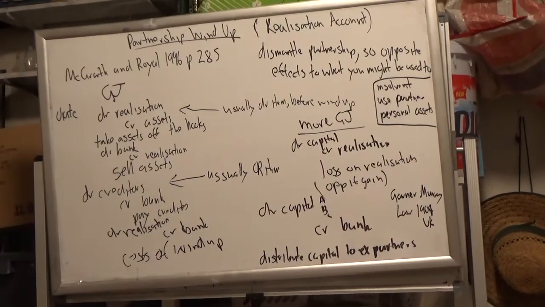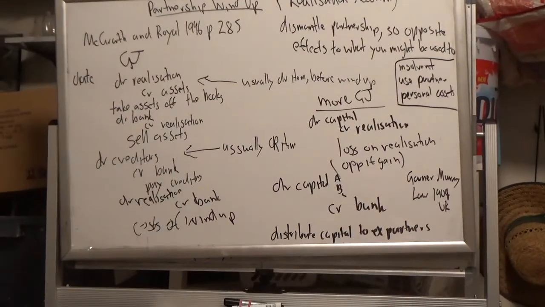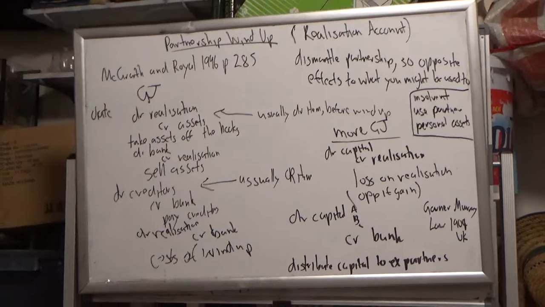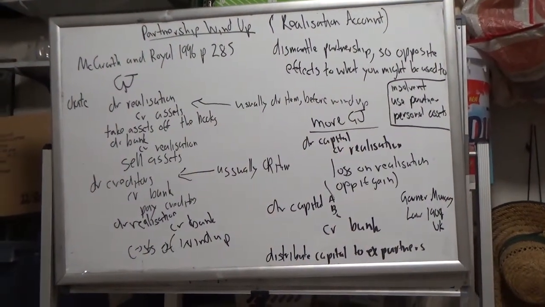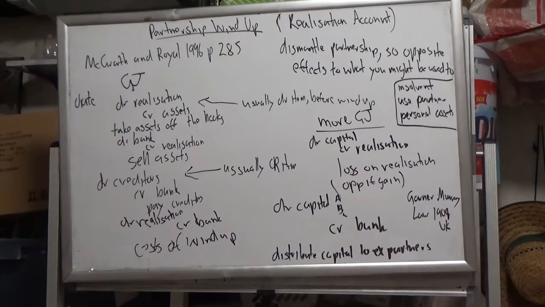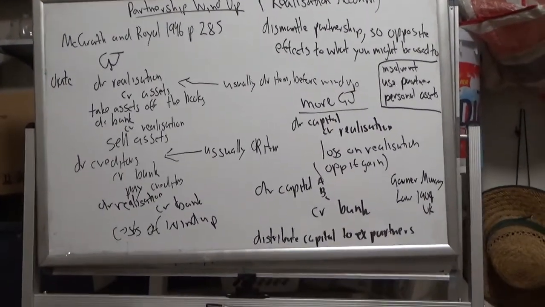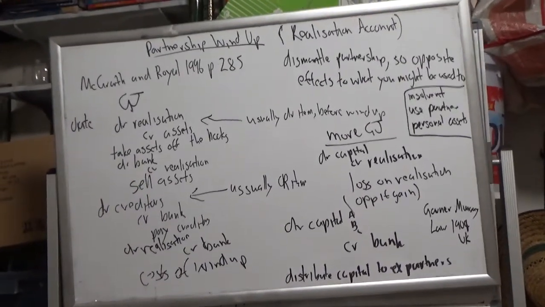Again, McGrath and Royal 96, page 285. General journal entries, you've got a date, your description, debit realisation, credit assets. Usually assets are a debit in normal operations, but because you're winding it up, the credits have to be taken off the books, reduced, so it's a credit item for assets.